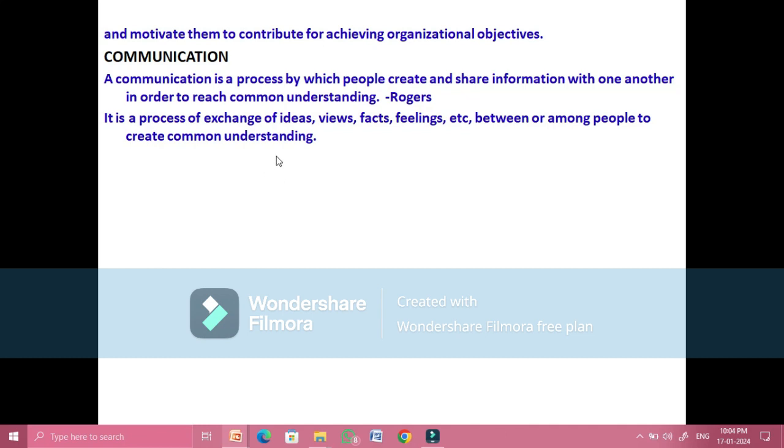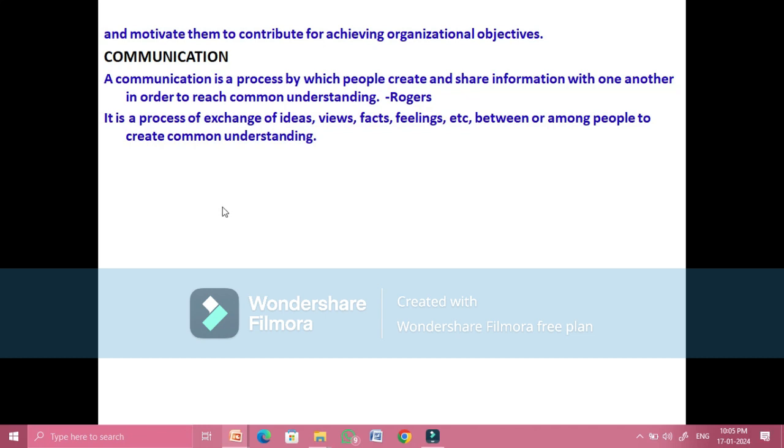Then only the employees' pains and gains can be known to the top level management. Just as top management communicates its plans and policies to the other levels of management, in a similar way the lower level management's pains and gains should also be communicated to the top level management.